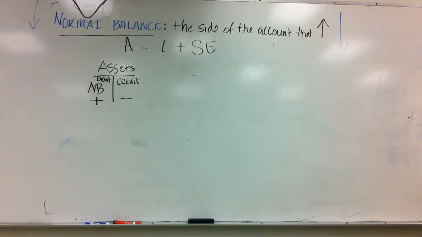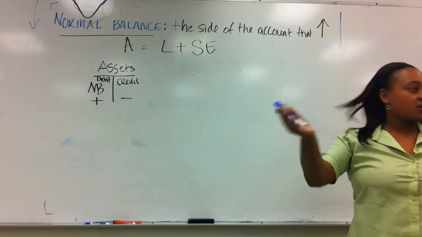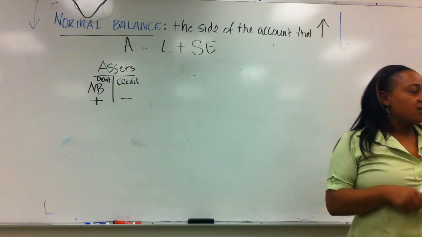They're interchangeable in this class, but you probably want to get in the habit of saying credit versus debit. But I don't want you to think of debit and credit as negative or positive. I want you to think of debit or credit as left and right, because you're going to see that it's going to switch when we look at some other accounts.